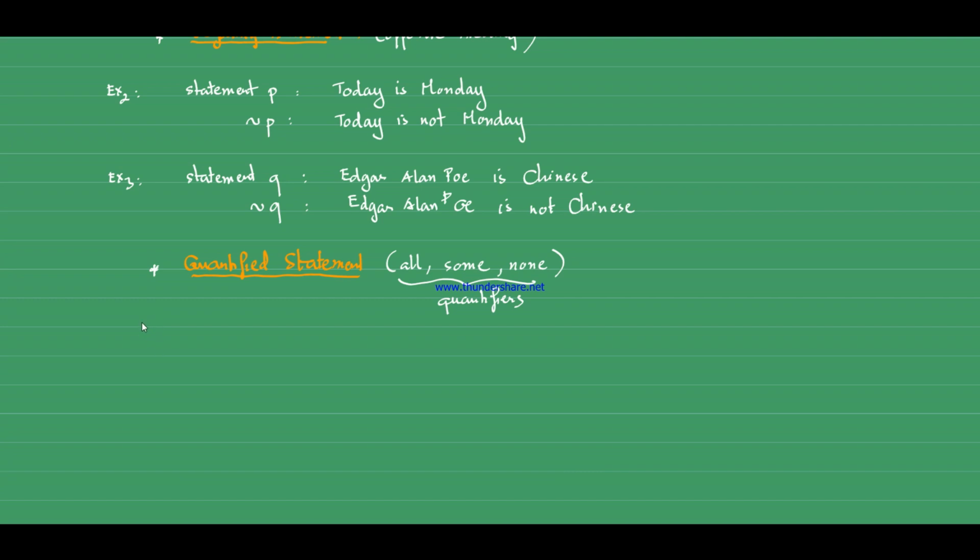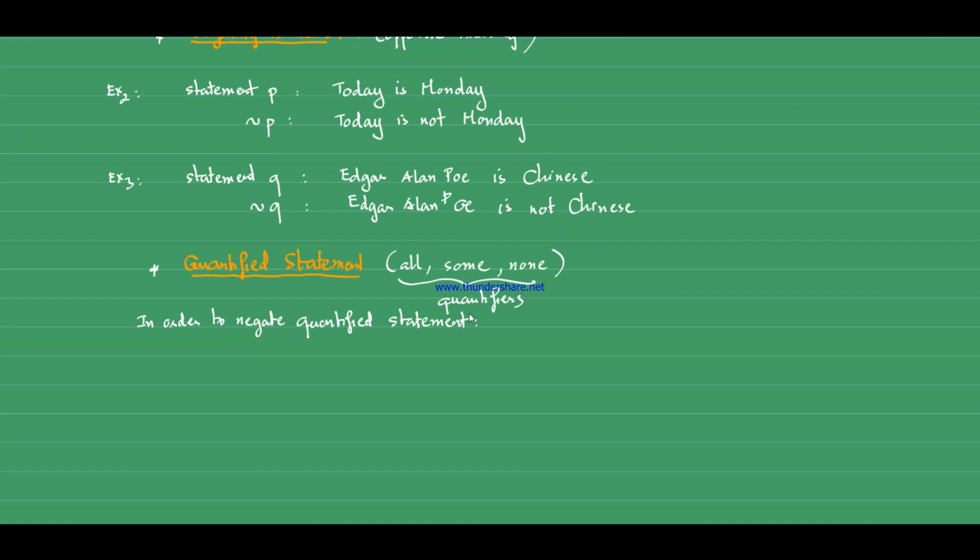In order to negate a quantified statement, we're going to use some rules over here. So what is the rule here?